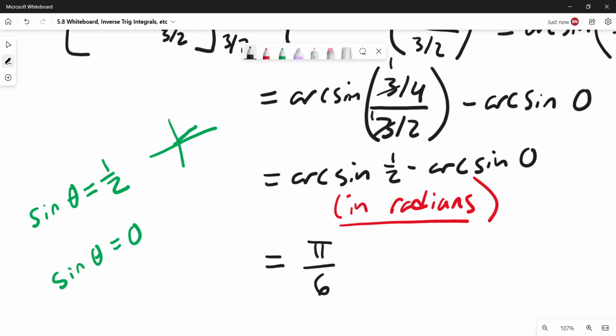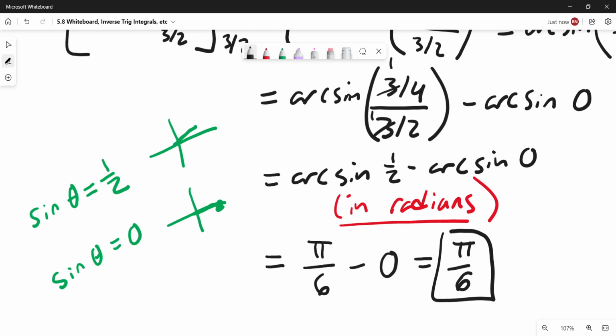When sine of theta equals 0, well, the y value is 0, that's just here. That's 0 radians, 0 degrees. So all things equal to pi over 6.